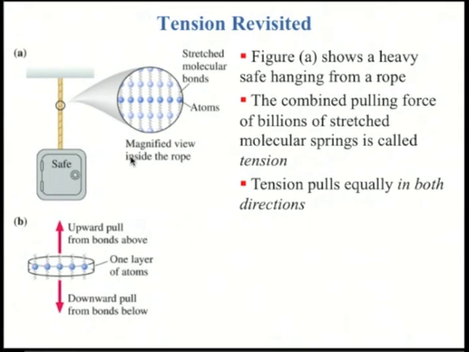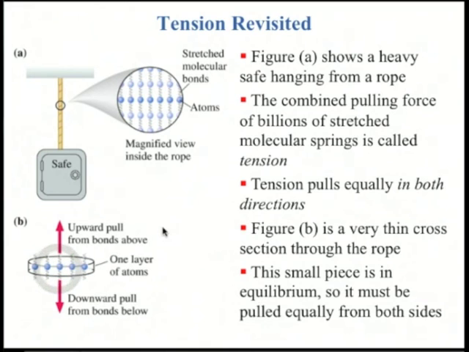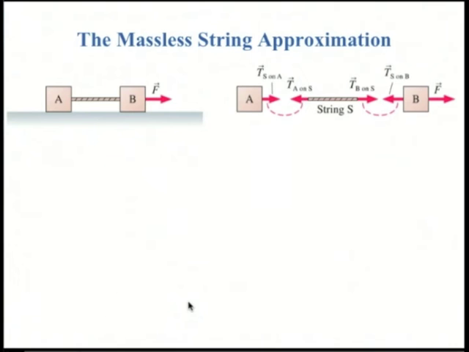And this pulls equally in both directions. If you look at a very thin cross-section of this rope, here in figure B, it's in equilibrium as the safe is just hanging there. So the upwards pull from the bonds above must equal the downward pull from the bonds below. And that's where the tension comes from.